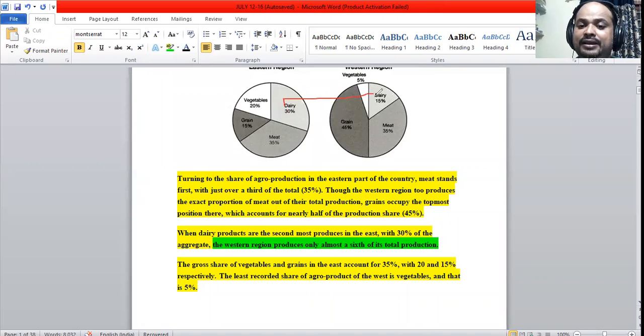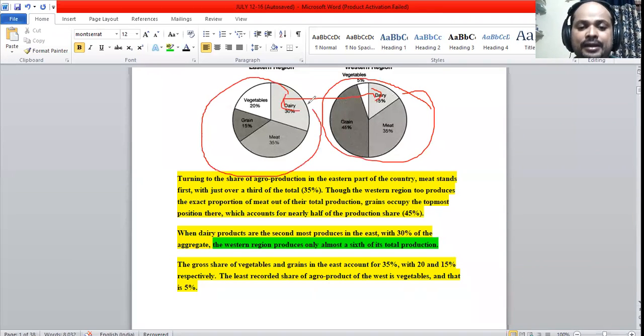I don't have any particular right to compare there, because both the things may be different. I don't have the exact proportion of how much dairy is produced there. So in that case, I cannot compare this thing to this thing. I can just say dairy production in comparison to these things. Here the dairy in comparison to these things. That's why.